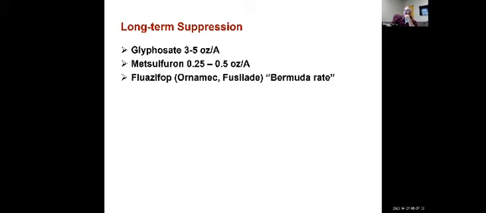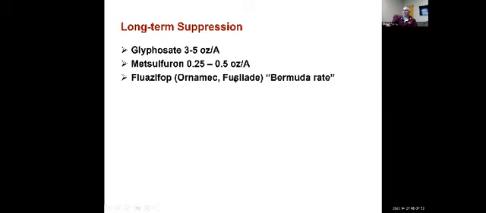And so, you're looking at a 1/4 ounce rate costing about $4 an acre. So very affordable from a chemical cost standpoint. Again, what you're trying to manage though is not getting turf loss.